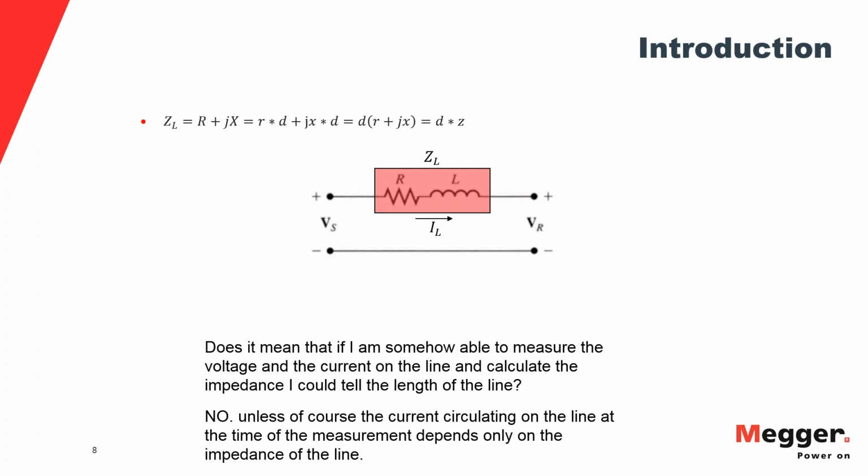So for instance, we can say that the impedance measured at this point here, where we see Vs, would be Vs minus Vr divided by the current, and that's the impedance of the line. If you have load circulating, then that impedance is related to the load.